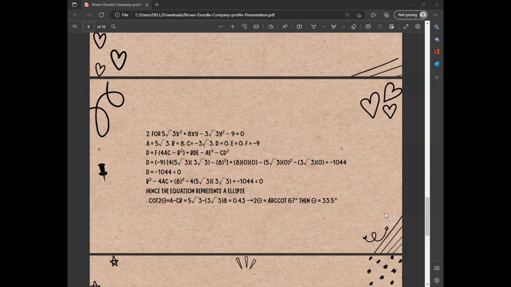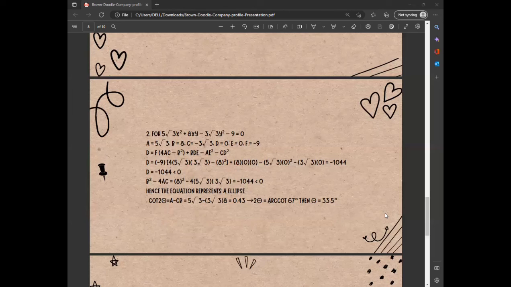So substitution agad tayo, negative 9 times 4 times 5 square root of 3 times 3 square root of 3 times negative 8 squared times positive 8 times 0 times 0 times negative 5 square root of 3 times 0 squared times negative 3 square root of 3 times 0 is equal to negative 1,044. So D is equal to negative 1,044, which is less than 0.